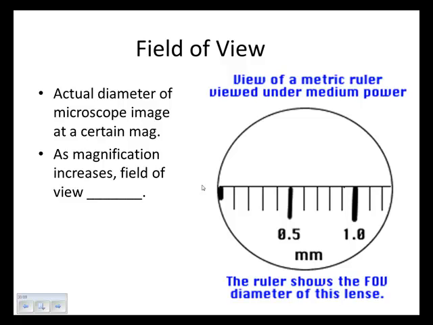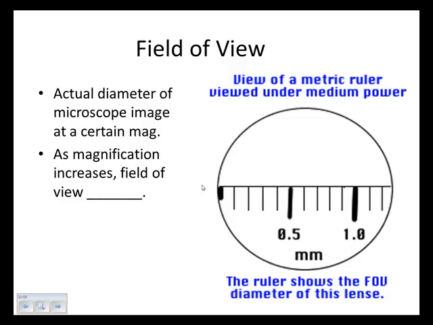If you guys saw things, right, how many people switched magnification during their observations? Right? They went to a higher and higher magnification. What happens to the field of view as you increase magnification? Do you guys understand what I mean by field of view?